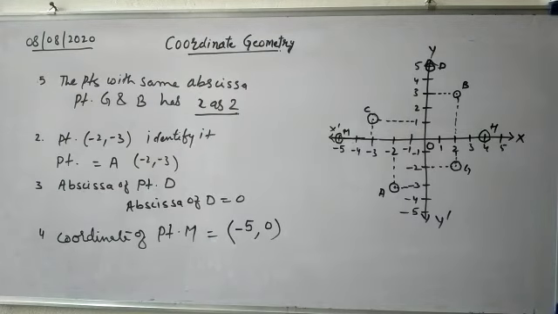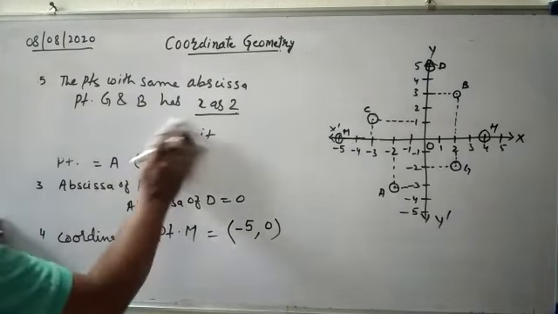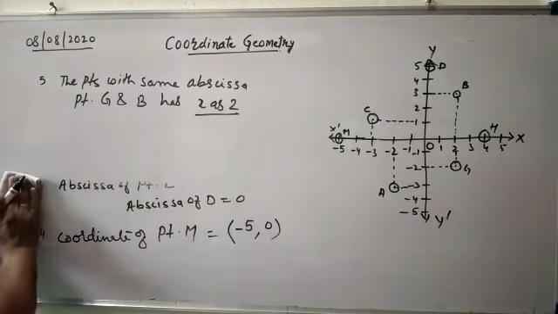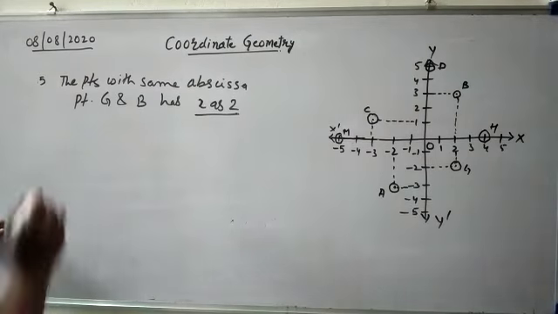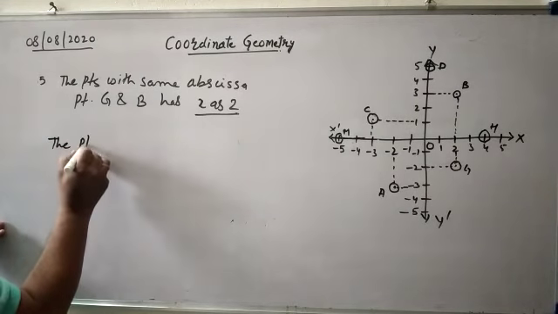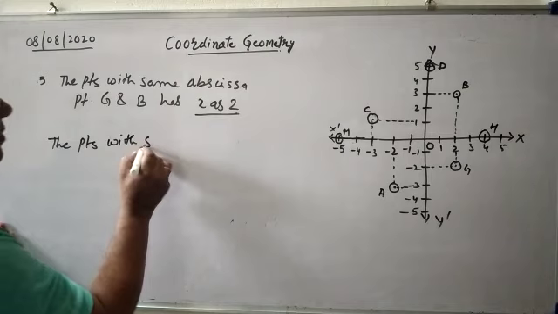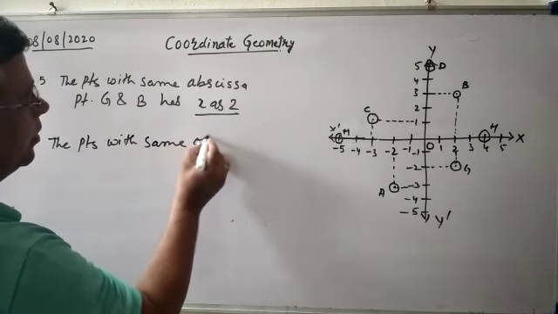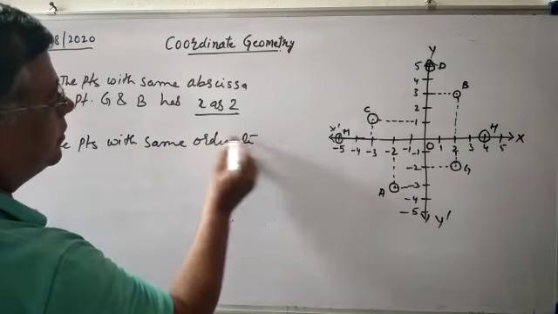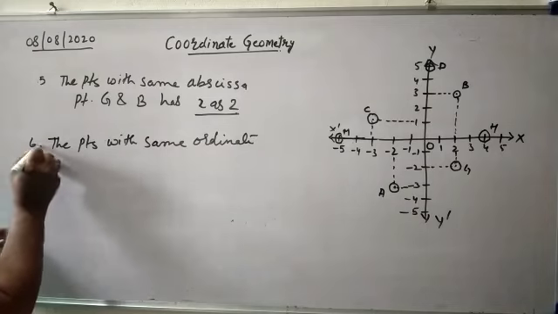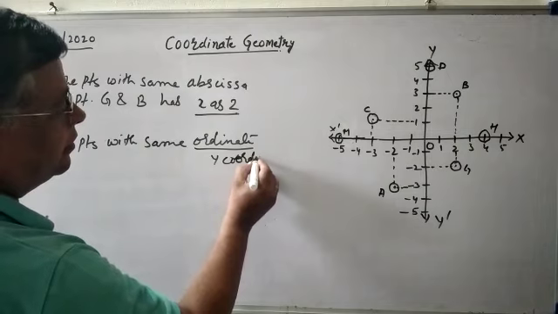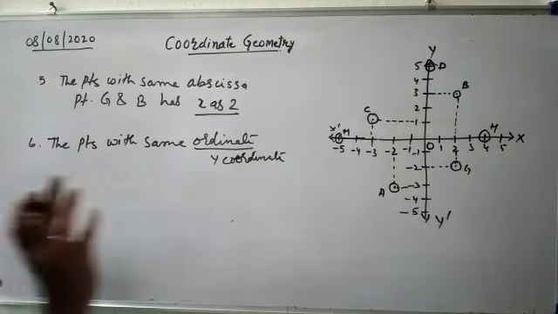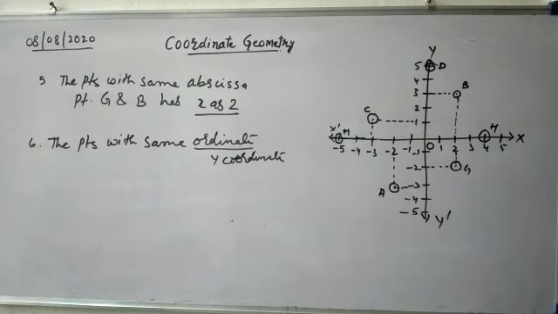Now the points with the same ordinate. Ordinate means the y coordinate. So we see the points which have the same y coordinate, or the value of y is similar.